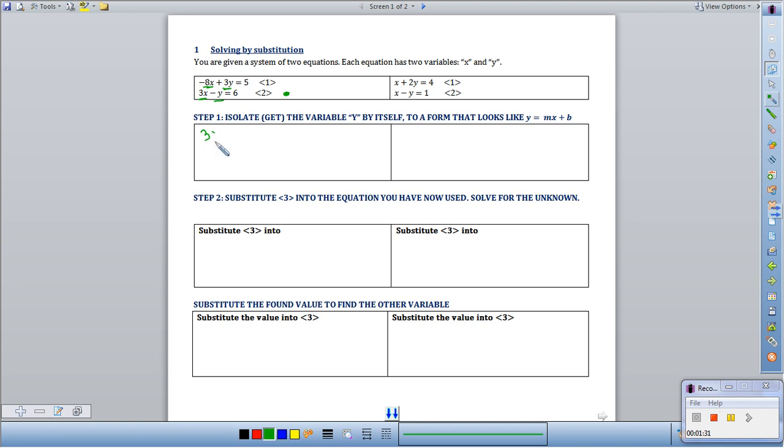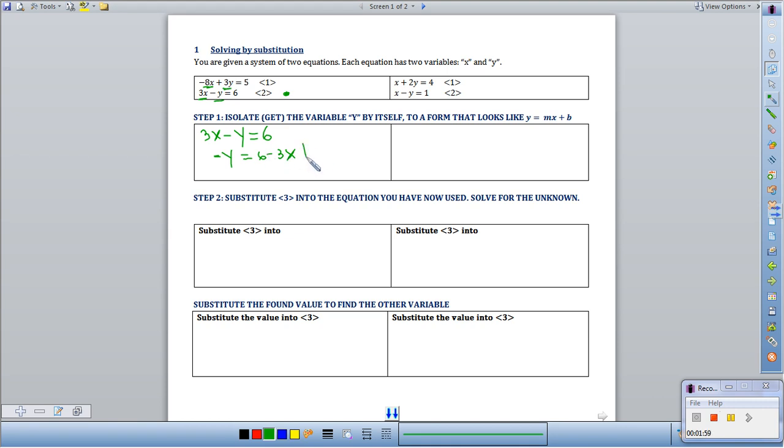So 3x minus y equals 6. Now, how do we isolate y? I want y on one side, everything else on the other side. So I'm going to move the 3x over. Negative y equals 6 minus 3x. Now, y is still not a positive value. It still has a negative in front of it.